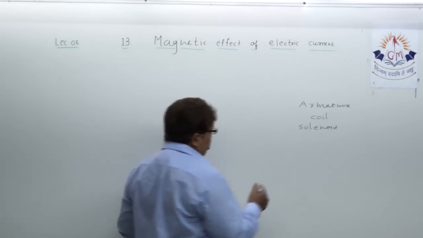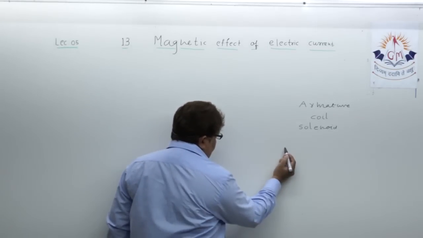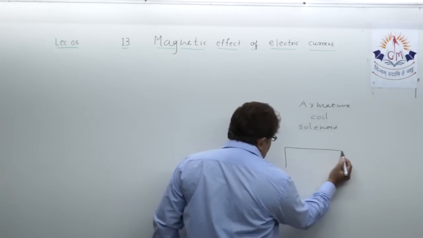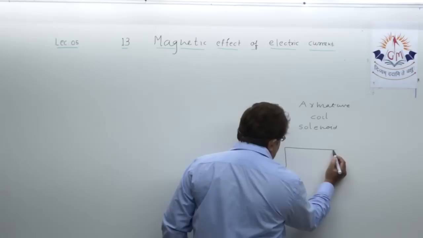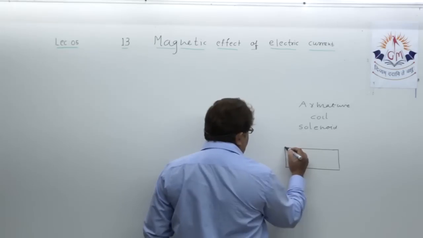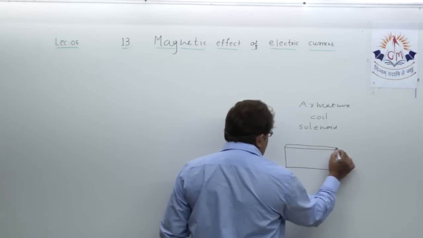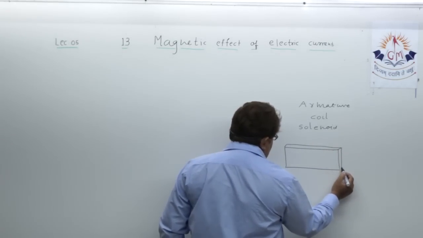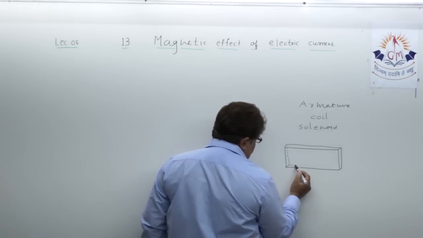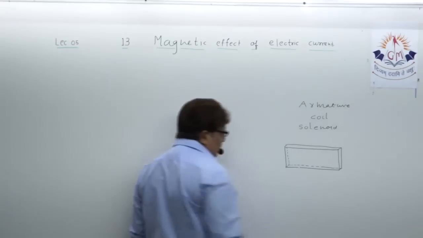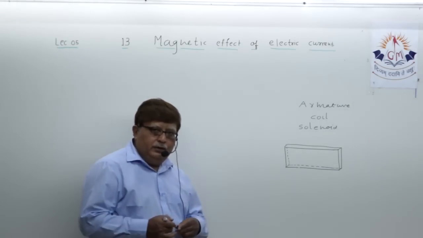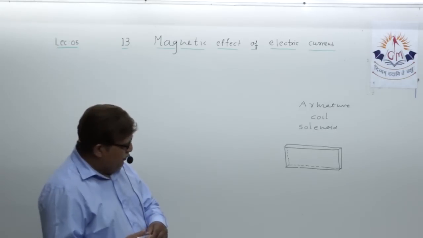Understand, suppose you take a hollow rectangular piece of soft iron, this way. This is hollow rectangular, understand, a rectangular piece of soft iron, suppose you have taken. Okay.